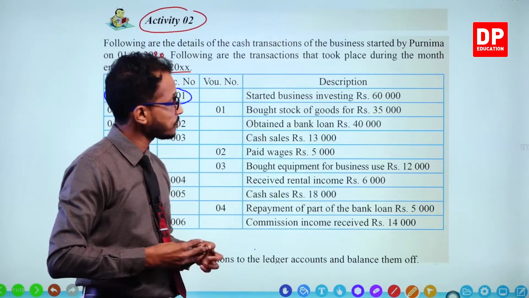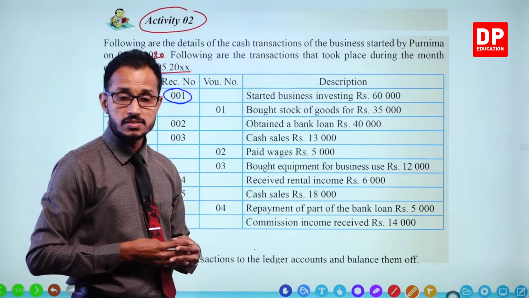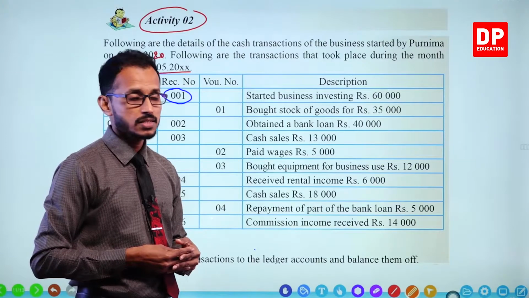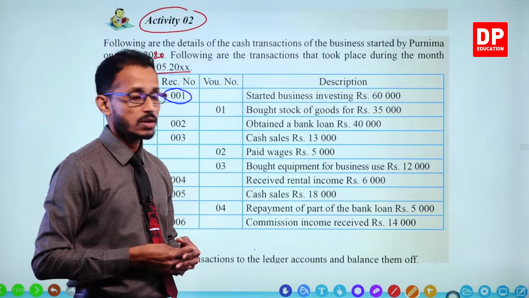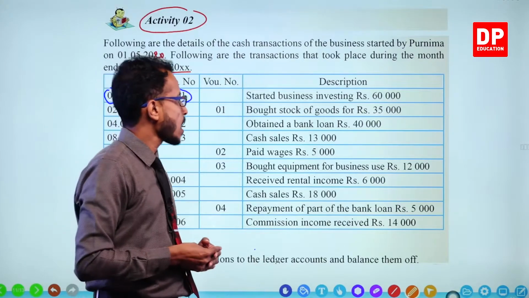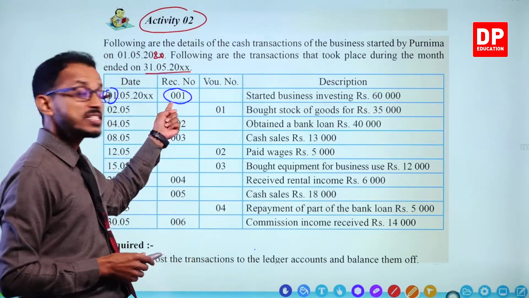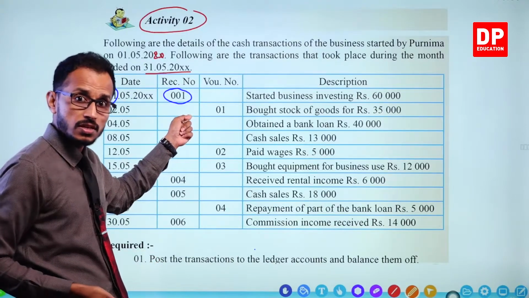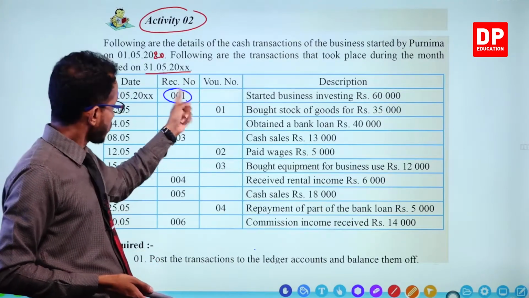Purnima has brought 60,000 to the business. Well, that is a cash receiving or a cash inflow. That is why a receipt number is given. For cash receivings, the source document is the cash receipt.